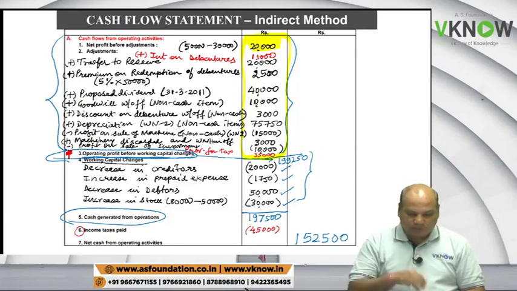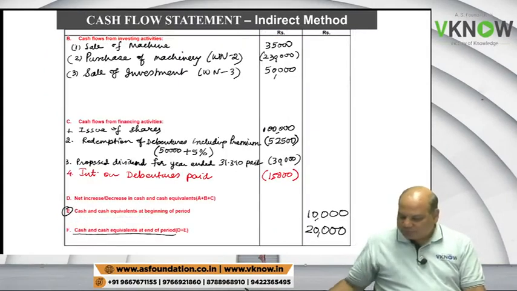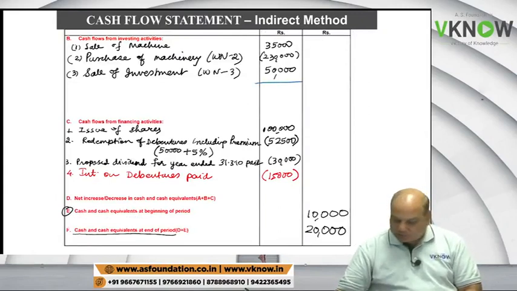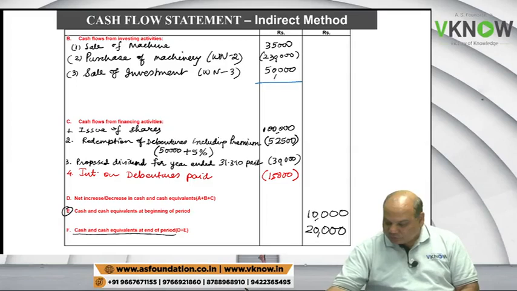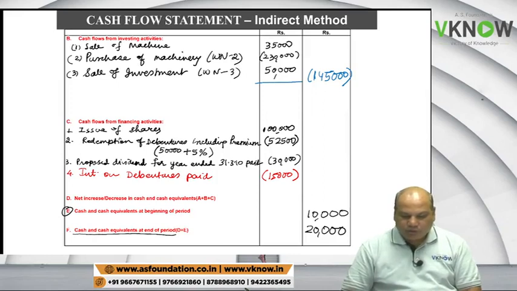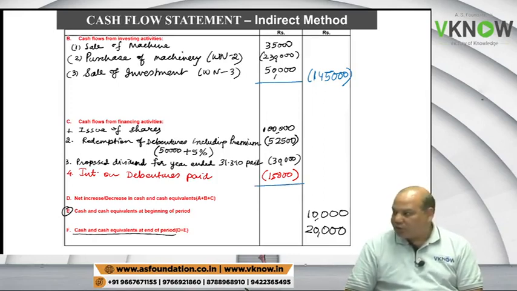Say yes. After that, investing activity is simple. There are only three items. So what is your cash flow from operating activity? Investing activity, negative 1,45,000. Tanya is right.